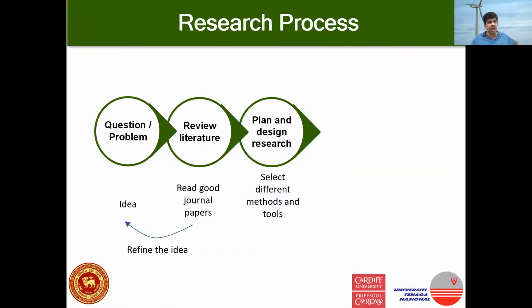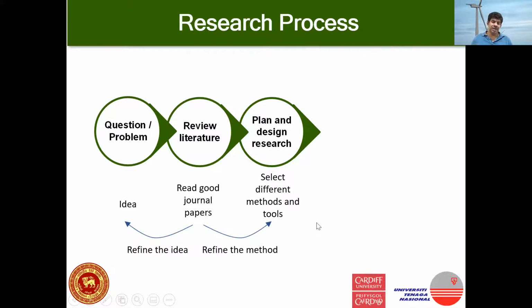So there are a large number of ways you can approach your research questions, and it's important that we select the right method and tool for the successful completion of our research. And again, your literature review will help you to refine the methods. If you find that the technique you are using has been applied before and you have a better way to solve the same problem, you may select that path.